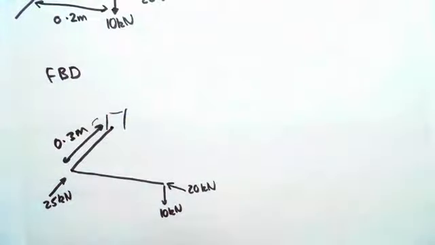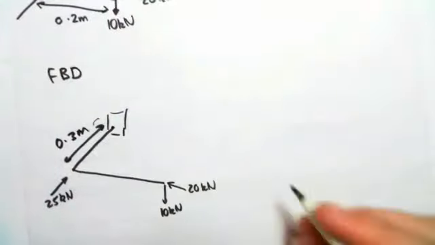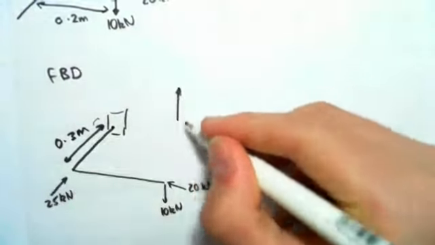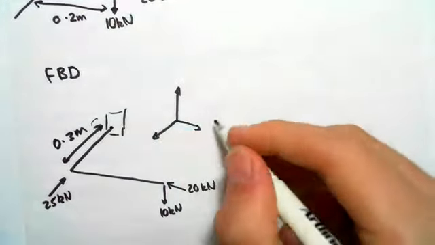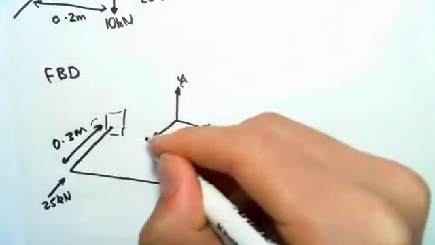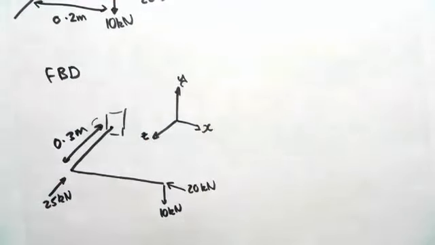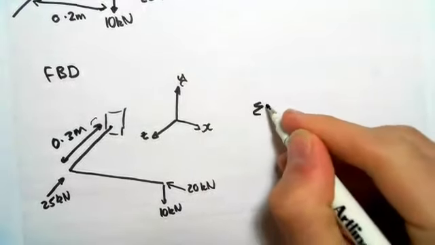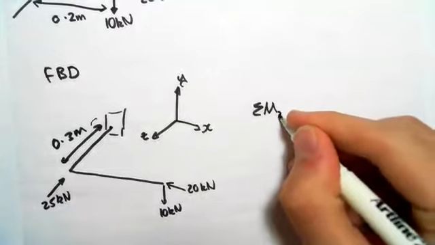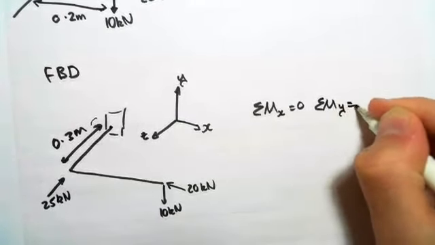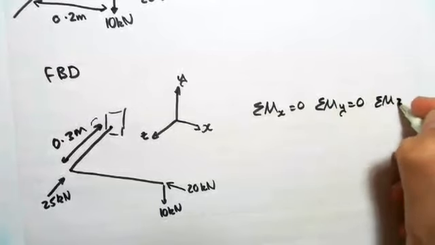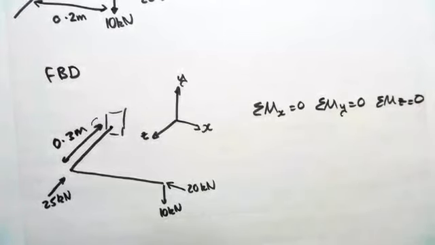So this is the cantilever there. We'll label our coordinates using the right hand rule, so X, Y, Z. These are the positive axes. Now we want the sum of the moments in X equals 0, the sum of the moments in Y equals 0, and the sum of the moments in Z equals 0.